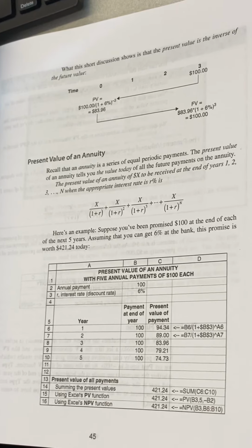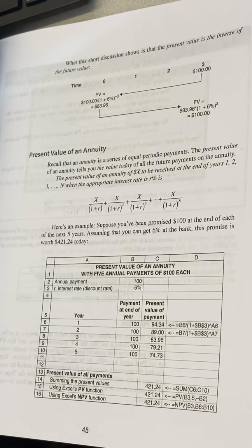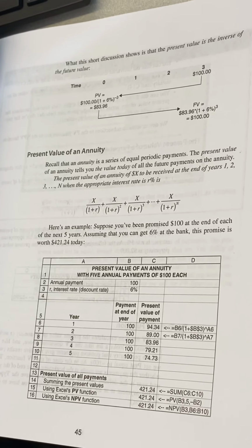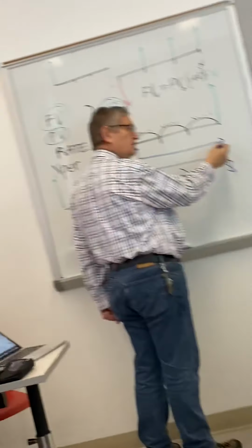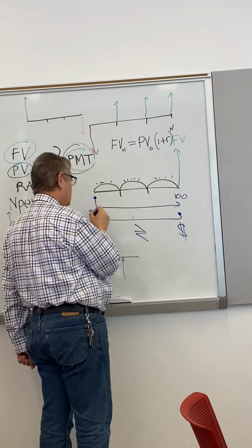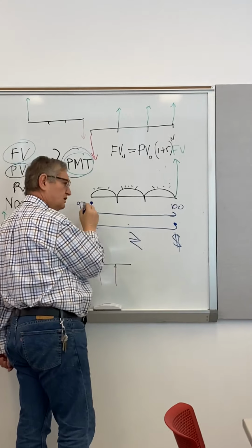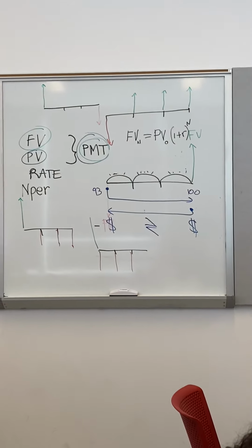This formula is what I have here. Whatever I have in present value, 83 something dollars, goes up and grows for 3 years, so it becomes $100. Here is $83. I don't bother about the cents.